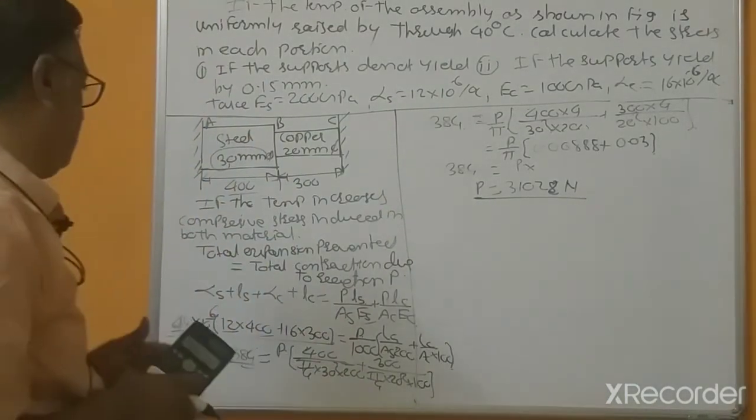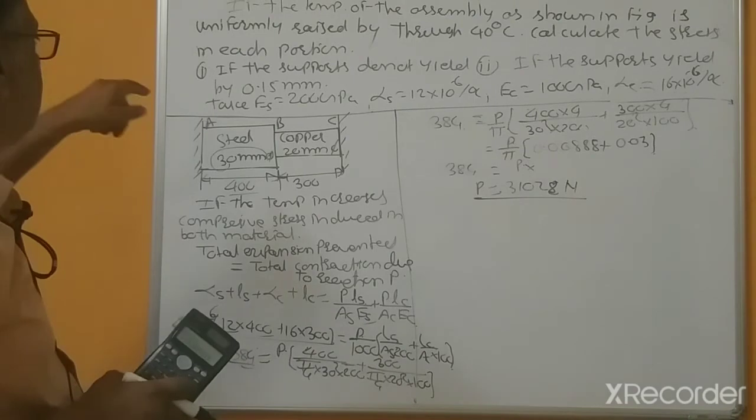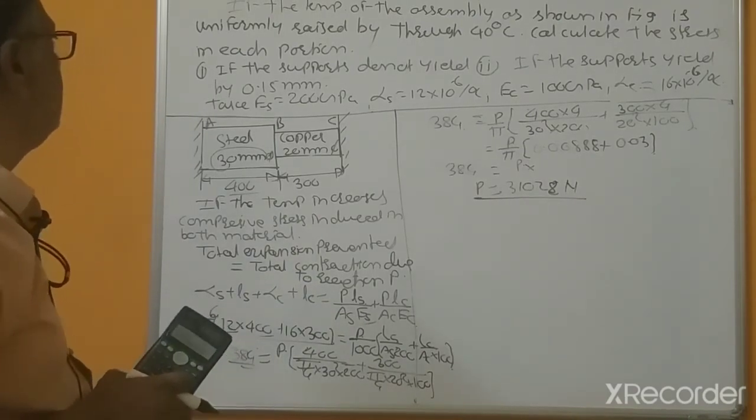P equal to. So this is for the first condition, if the supports do not yield.